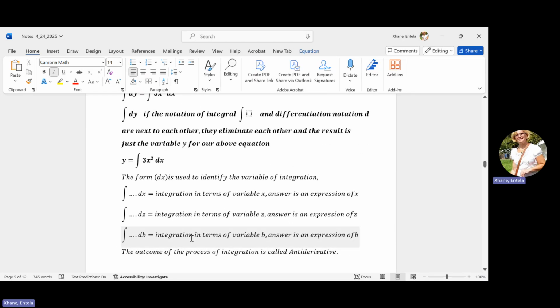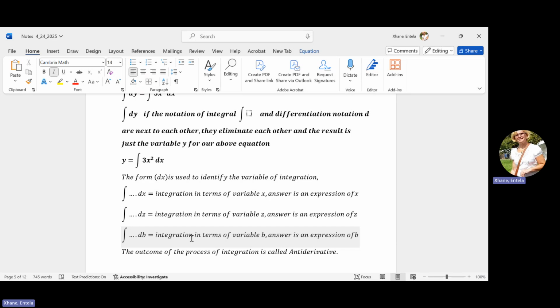So if I have the integral and then I have c dx, that means I'm integrating in terms of x. If I have an integral sign and I have a dz, that means I'm integrating in terms of z. If I have a db, that means I'm integrating in terms of b. So that is the variable of integration.